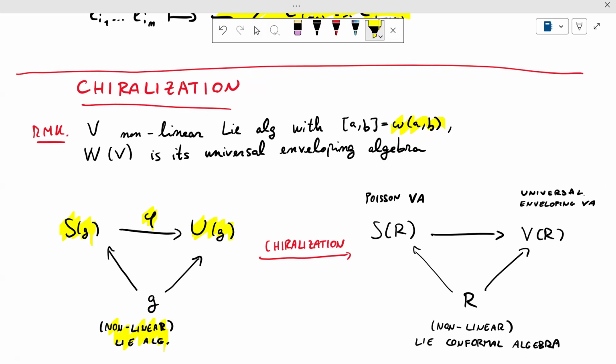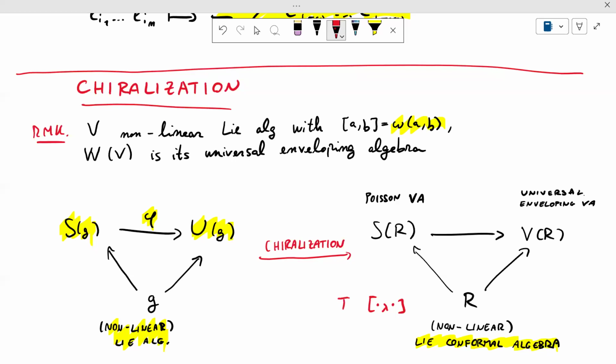Now we want to chiralize this. So what do we get? Well, the Lie algebra will be substituted now by a Lie conformal algebra, again possibly with scalar lambda bracket. So here the Lie bracket will be substituted by a lambda bracket.